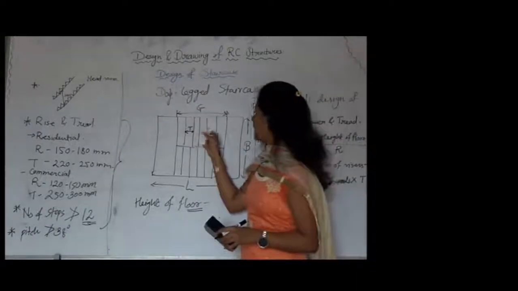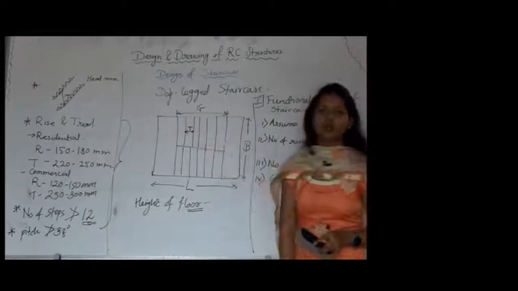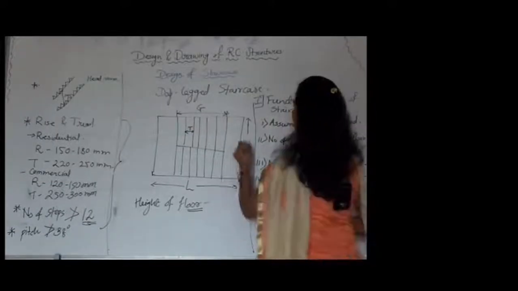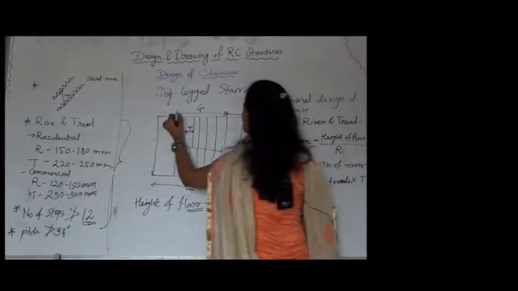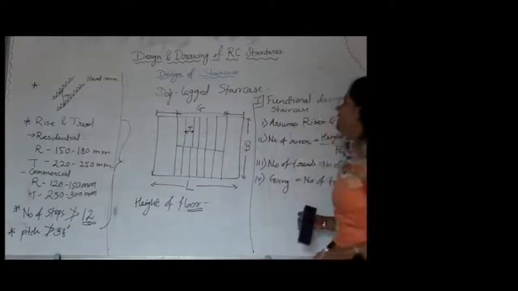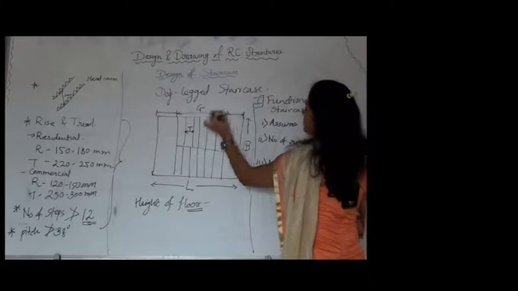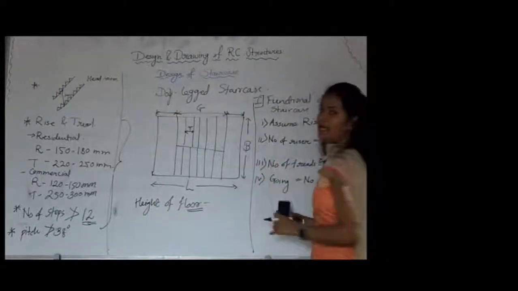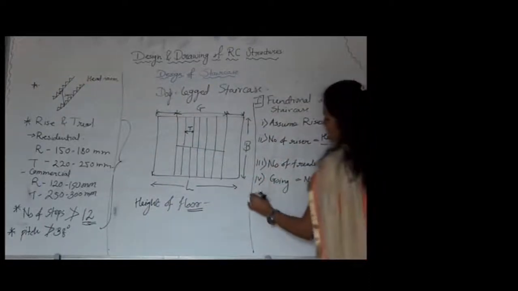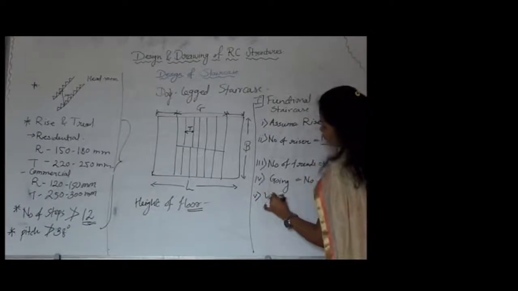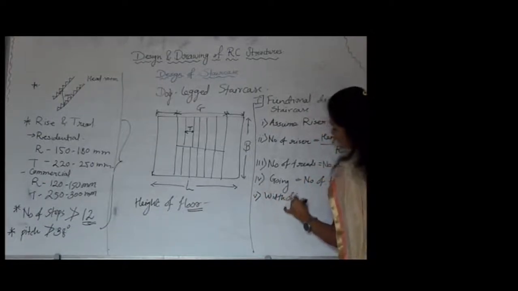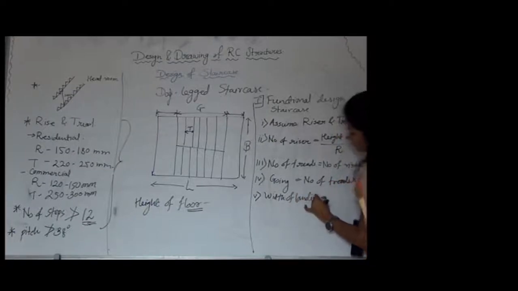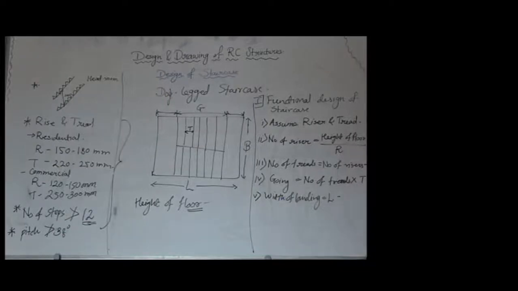Now, with the help of this, as we have found out the going distance, depending upon this we can find out how much the width of landing we can provide, as we have a total length of staircase room. So, next will be width of landing, which will be total length L minus going distance, as we have 2 landings.